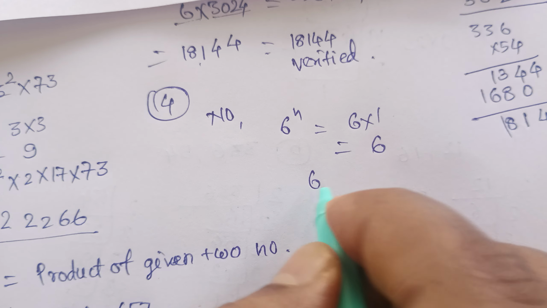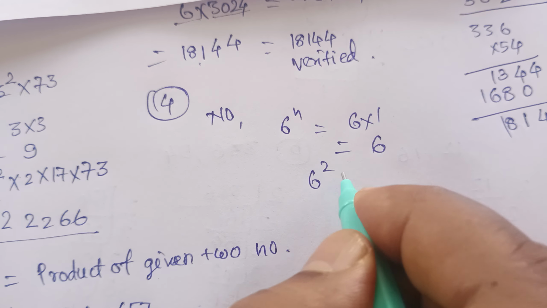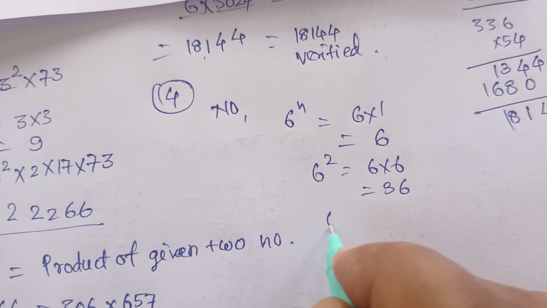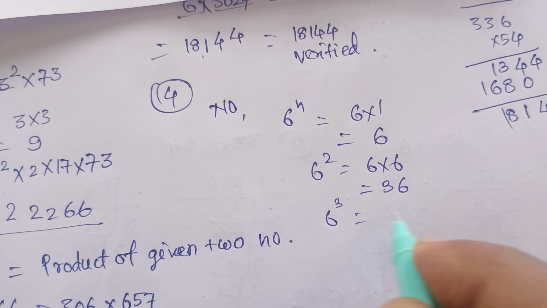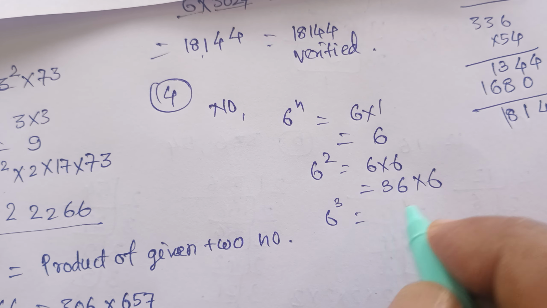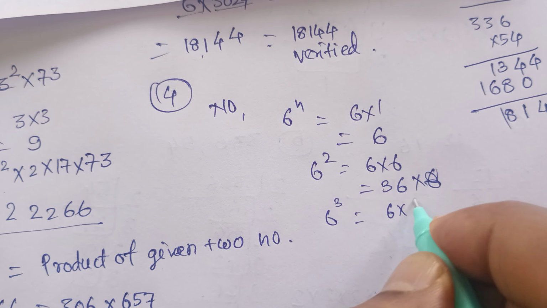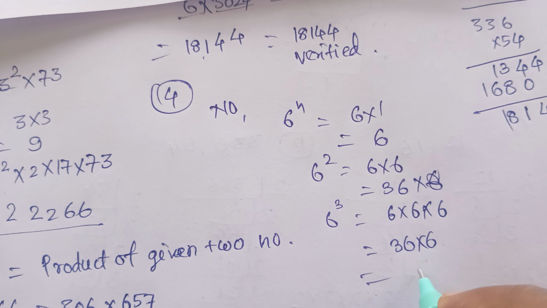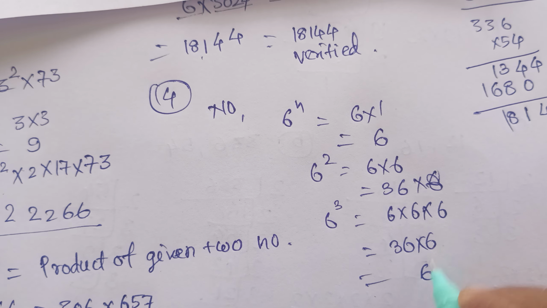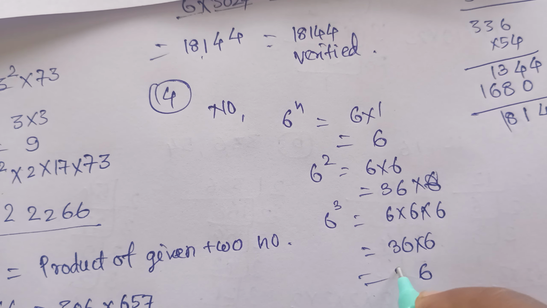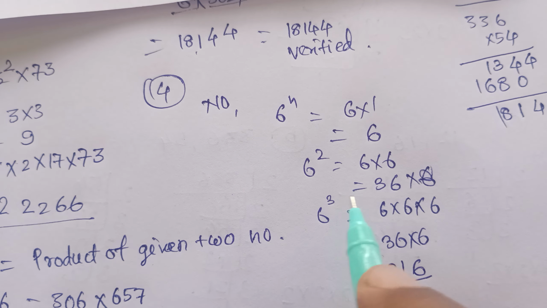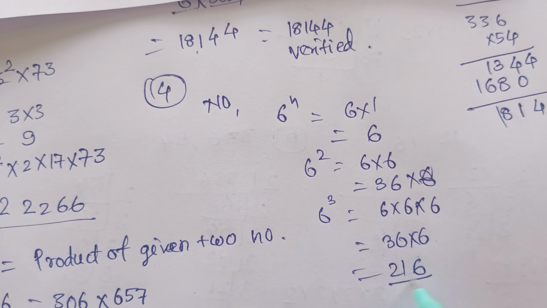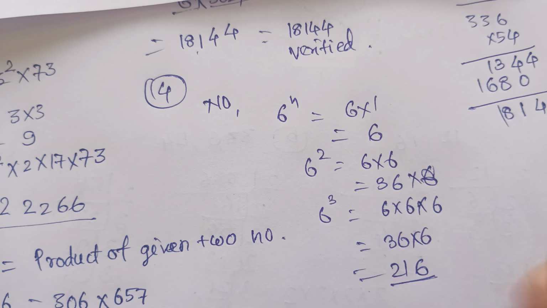If you put 2 in place of n, 6 into 6 gives 36. If you put 3, 6 into 6 into 6, that is 36 into 6, which is 216. So whatever n value I put, 1, 2, 3, after multiplication we always get 6 at the end.